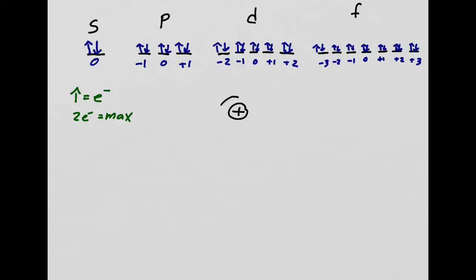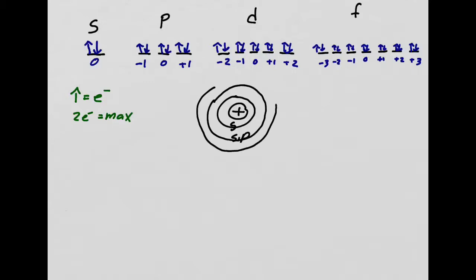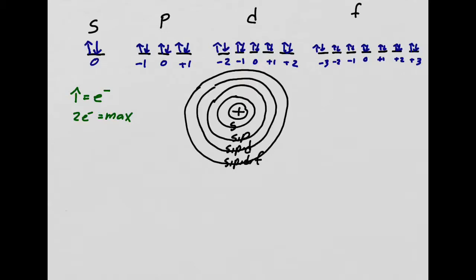So here's our nucleus. Here's my first energy level, which only has S. My second energy level has S and P. My third energy level, for example, has S, P, and D. And my fourth energy level has S, P, D, and F, right?